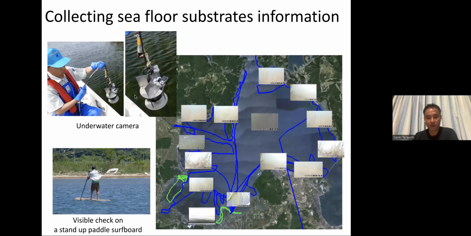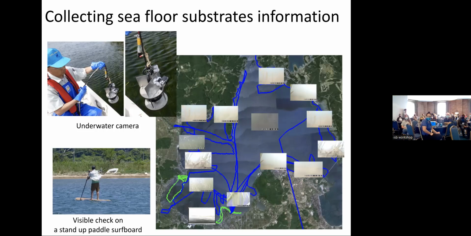There are five channels of cameras attached to this small unit. One goes down looking at the seafloor, and the other four cameras look in horizontal directions. Looking at images through these five channels, we decide the seagrass coverage of the floor and classify the seafloor information.